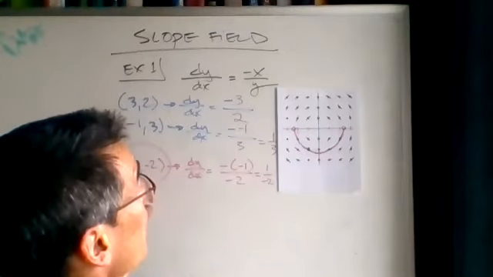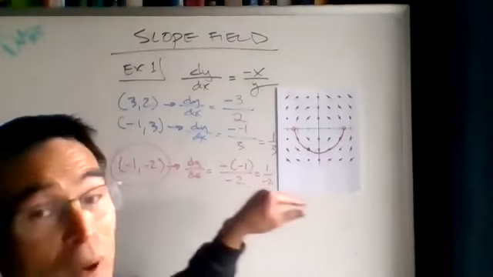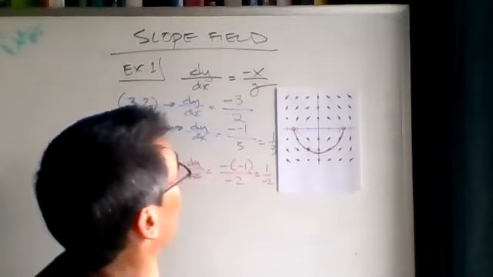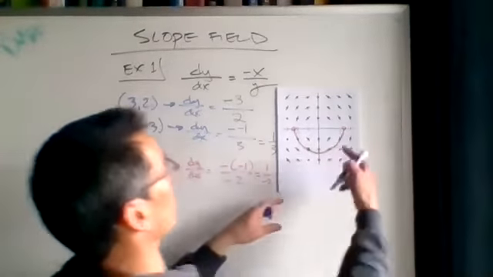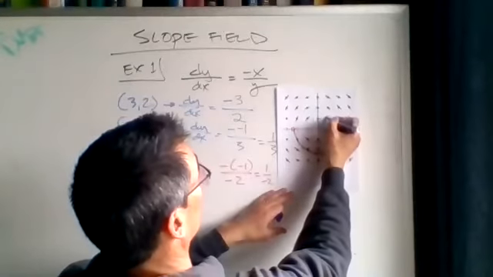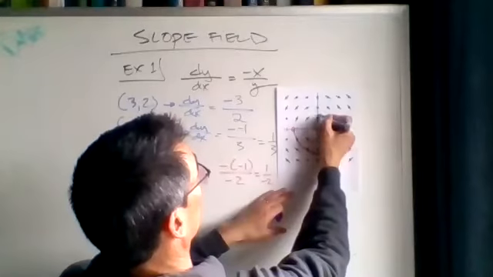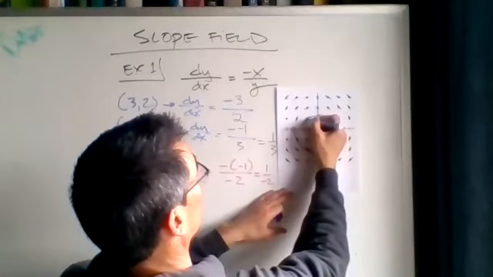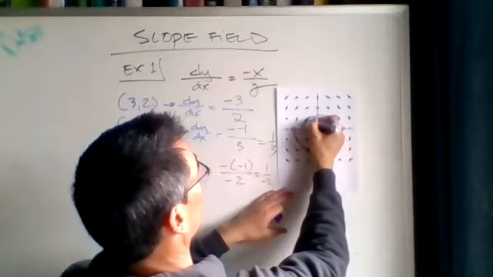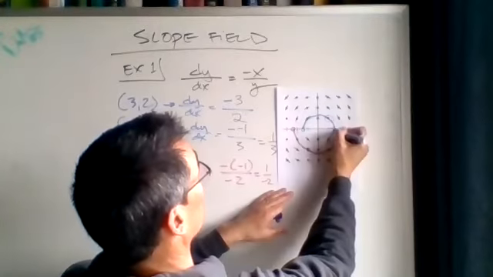Okay, so notice if I chose a different point, it would look different. So for example, if I chose this point right here, it would go up and be horizontal. It would hit this one over here and then go down and then stop.